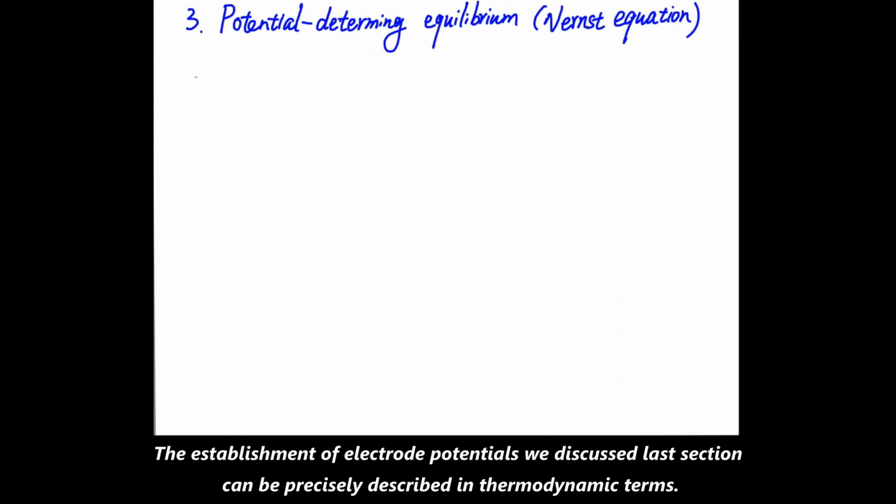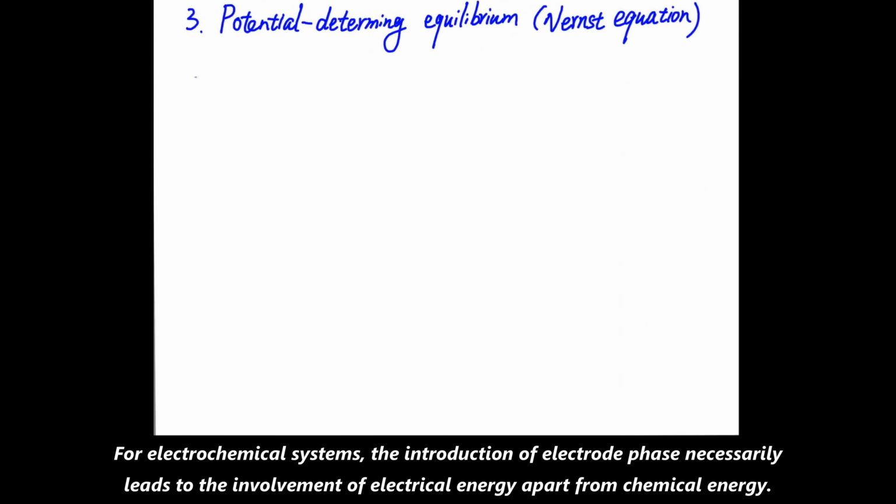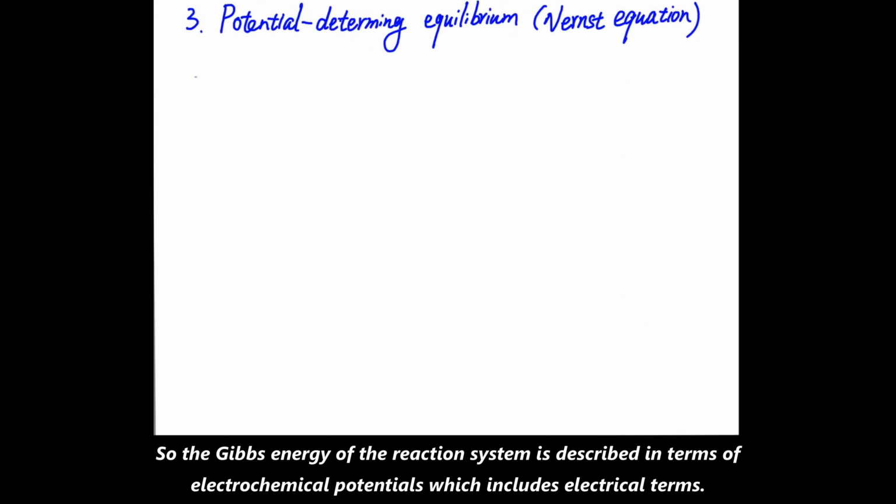The establishment of electrode potentials we discussed last section can be precisely described in thermodynamic terms. For electrochemical systems, the introduction of electrode phase necessarily leads to the involvement of electrical energy apart from chemical energy. So the Gibbs energy of the reaction system is described in terms of electrochemical potentials, which includes electrical terms.